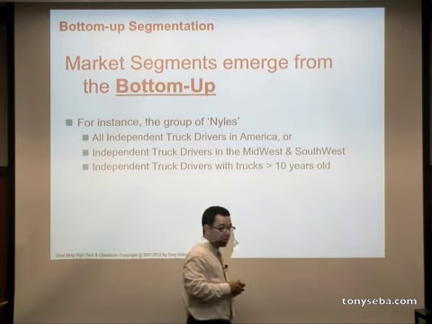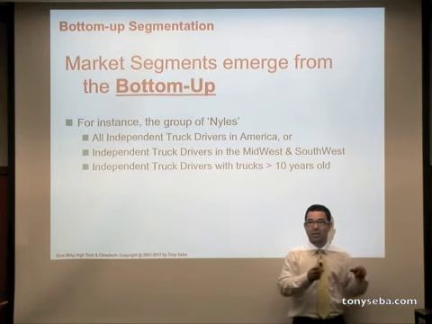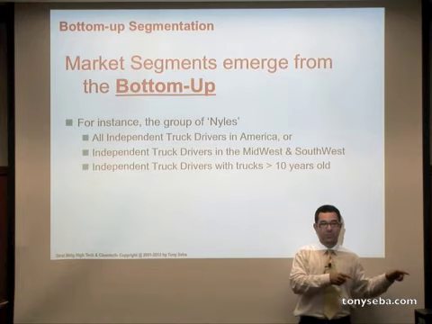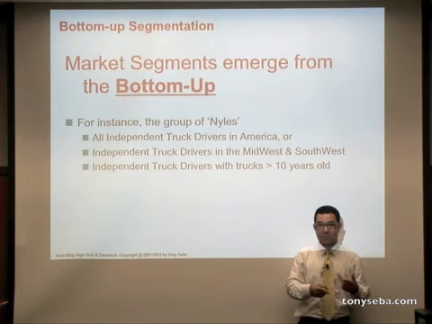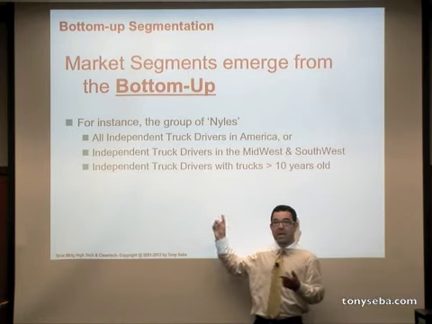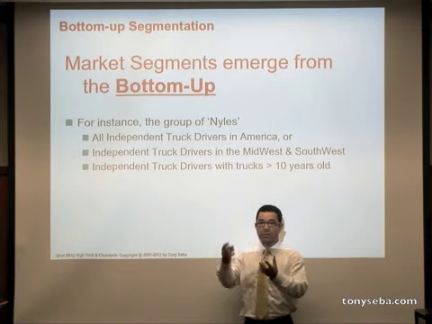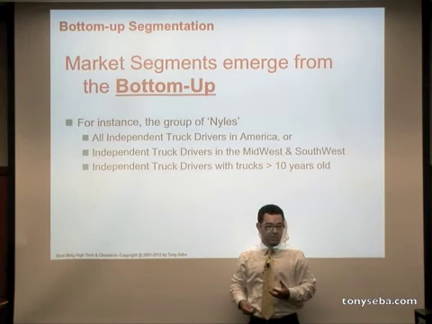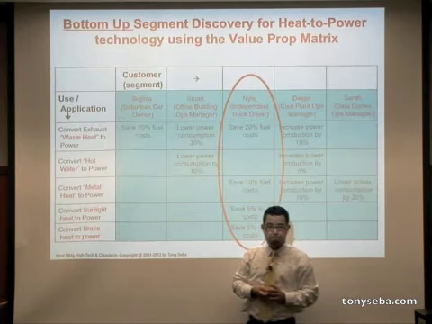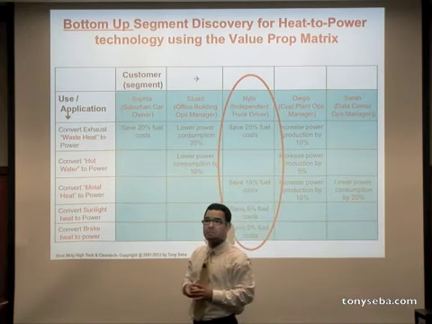Or I want to go after independent truck drivers with trucks that are older than 10 years, because these are the fuel inefficient trucks. So we're making assumptions here, right? This is how segments emerge from the value prop, from potential users, and from potential uses. Okay? So each one of these is going to be a market segment.